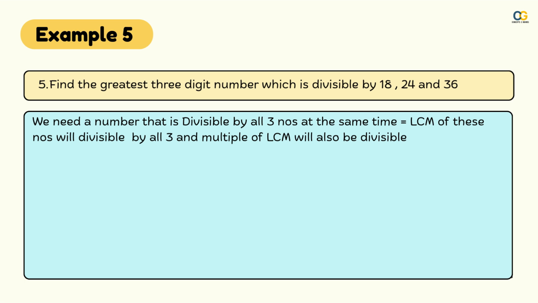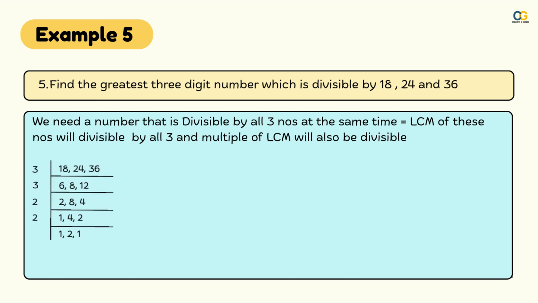So the LCM would be the least, and from there we can find the greatest 3-digit number. Finding the LCM of 18, 24 and 36 by simultaneously dividing them until we reach either ones or prime numbers gives us the LCM as 3 power 2 into 2 power 3, which is equal to 72.